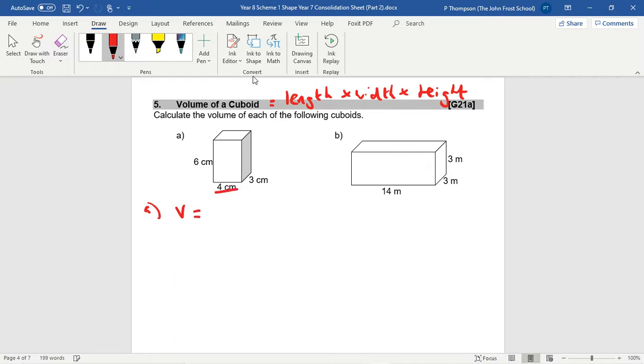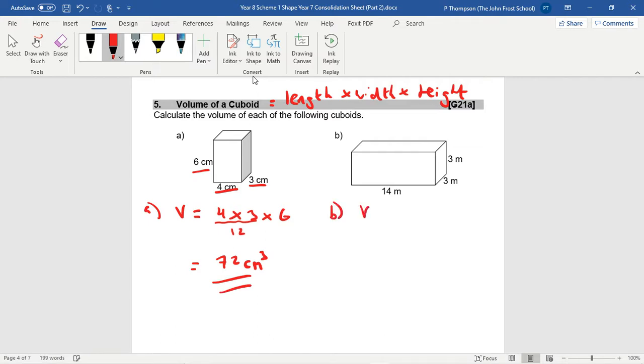The length, which is 4, the width is 3, and the height is 6. 4 times 3 is 12. 12 times 6 is 72. So now volume is about counting cubes. So this is going to be 72 centimeter cubes.